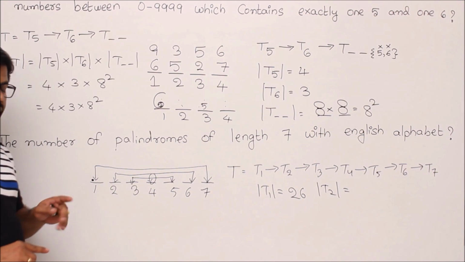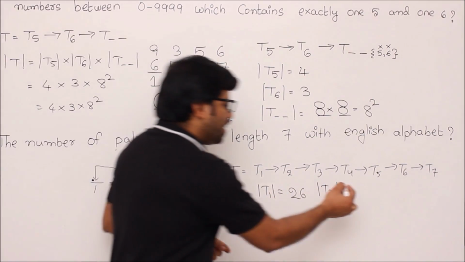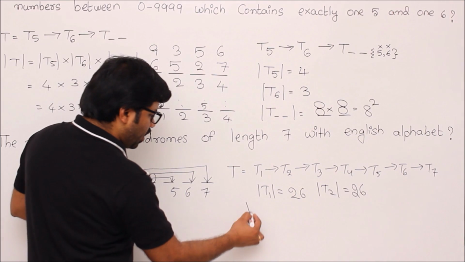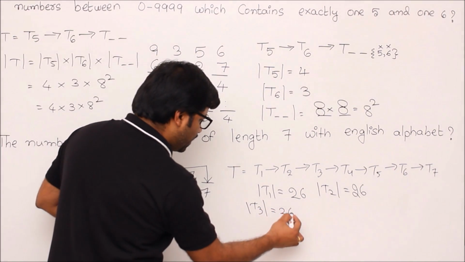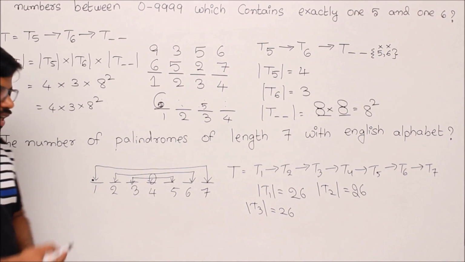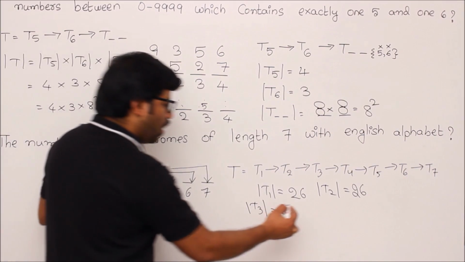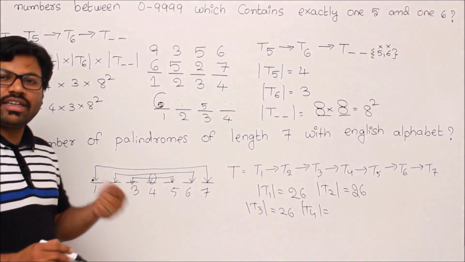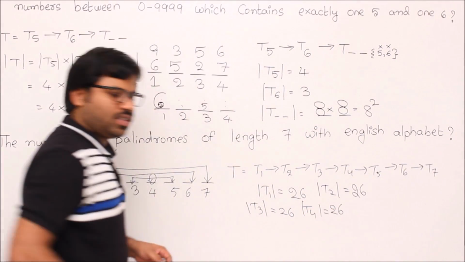Since 1 and 2 are independent, up to now only 1 is filled, so 2 can be filled in 26 independent ways. Similarly, T3 can also be done in 26 ways because it does not depend on T1 or T2. Now T4, filling the fourth position, does not depend on anything, so you still have 26 independent options.